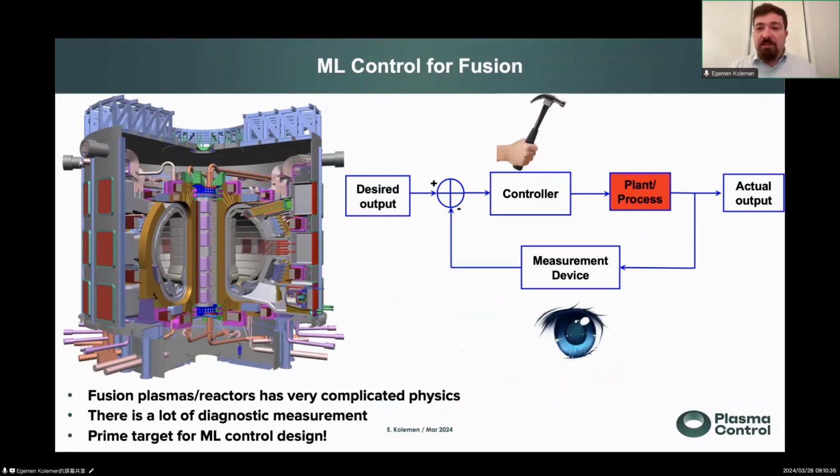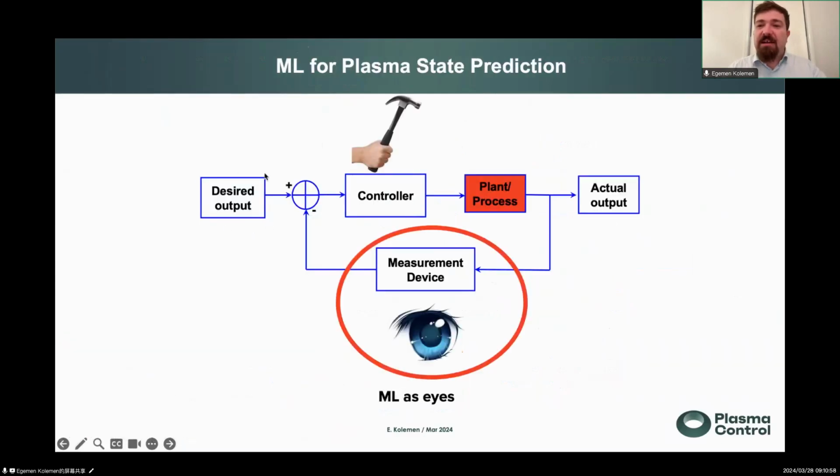The physics is very complicated. Fusion plasmas are very complicated, and there are a lot of diagnostics. We'll talk about this. There's going to be fewer in the future, but still, you have many diagnostics. And it's a prime target for machine learning control design. So when we talk about control, we have these desired outputs.